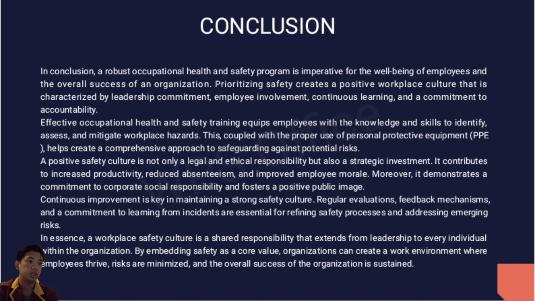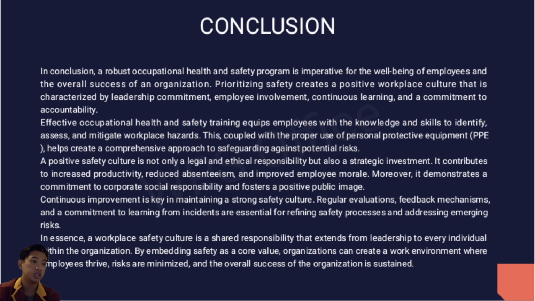Next, conclusion. In conclusion, a robust occupational health and safety program is imperative for the well-being of employees and the overall success of an organization. By prioritizing safety, it creates a positive workplace culture that is characterized by leadership commitment, employee involvement, continuous training, and a commitment to accountability.